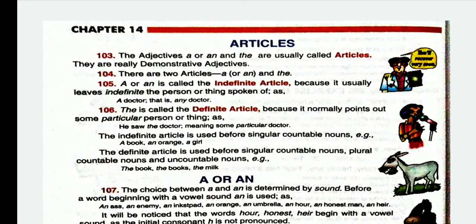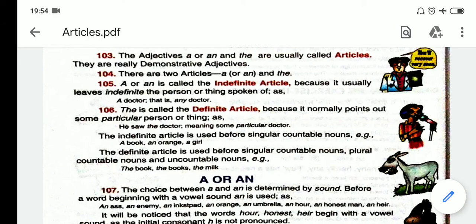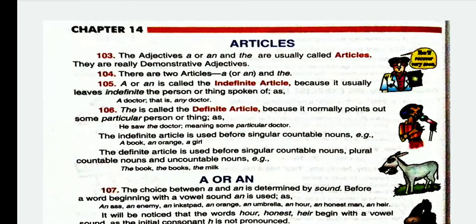For example, a doctor, that is any doctor, okay. And the other is definite article because it normally points out some particular person or thing. He saw the doctor means some particular doctor. When we say I saw a doctor, it means that it can be any doctor, right?